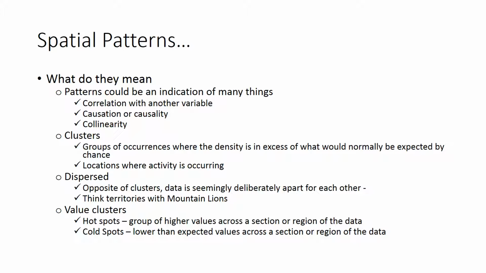We can also make some assumptions that sometimes are correct and sometimes are not. We can look for causation or causality between variables. The ground is wet, therefore the water table is near the surface, things like that. There's also this issue of collinearity. We may be looking at patterns and think we're seeing a pattern in, for example, some sort of succulent vegetation, when what we're really seeing is a pattern that follows the underlying geophysical properties of the earth that create the conditions where these plants can exist.